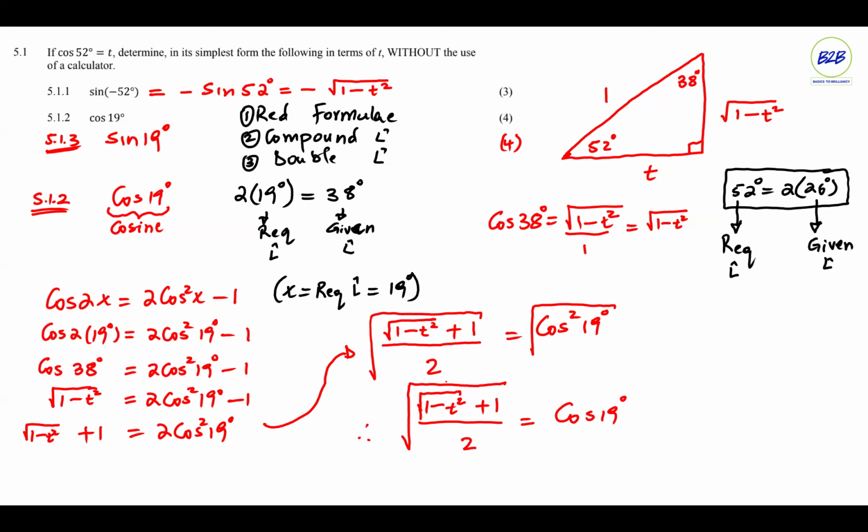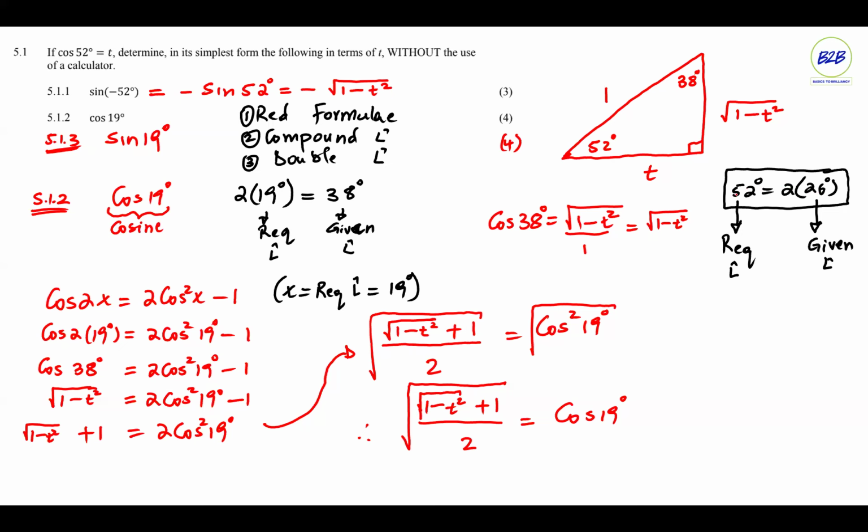Remember, there is the forward double angle approach, which we used in the previous exercise, and there is the backward double angle approach, which is what we have demonstrated right now. So when do we use the forward? When you have the required angle and the given angle, but in order to get the required angle, you must multiply a given angle.